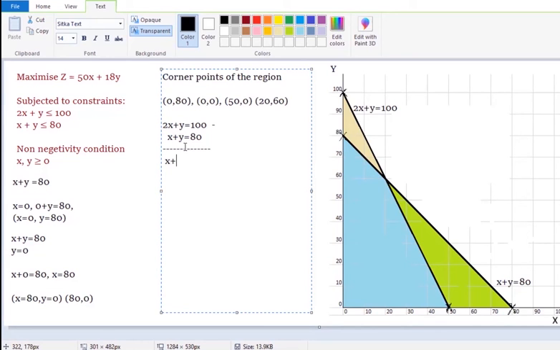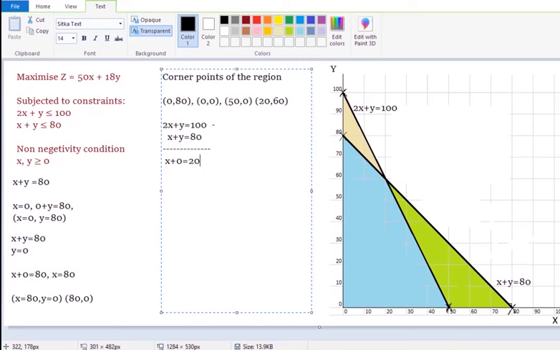What is y minus y? Y minus y equal to 0, is it not? Then I put 2x minus x equal to x, then y minus y equal to 0, and then I put the equal to sign because equal to sign is there in the equation. Then what is next? 100 minus 80. What is 100 minus 80? It is 20. So we get the value for x. X is equal to 20.